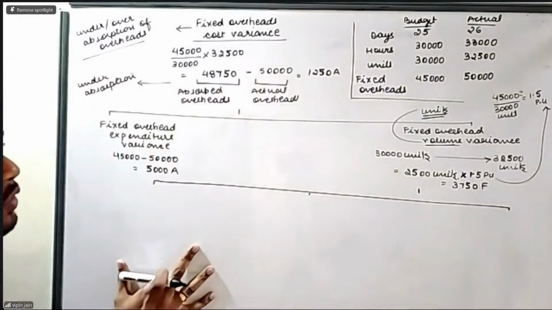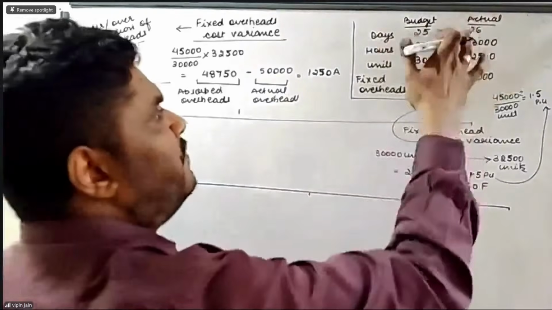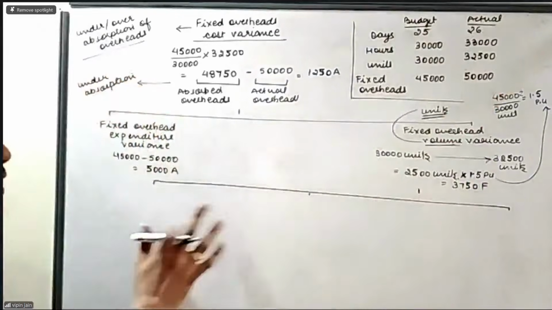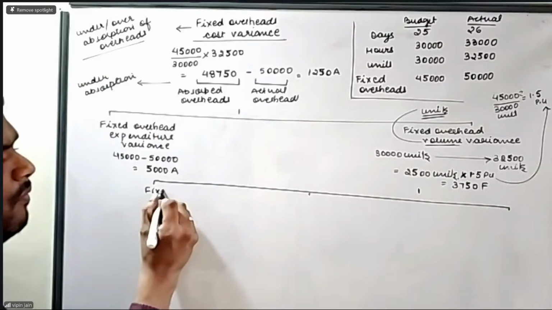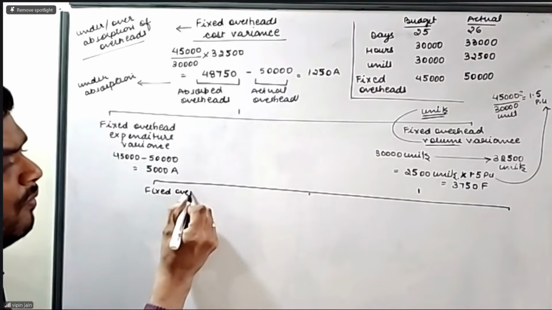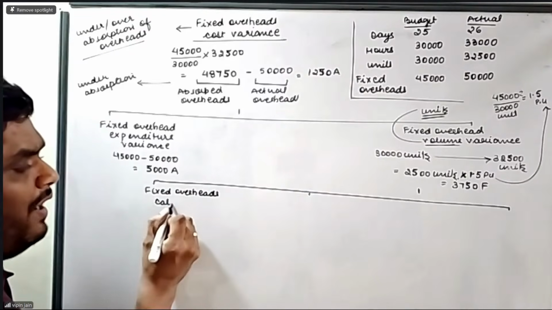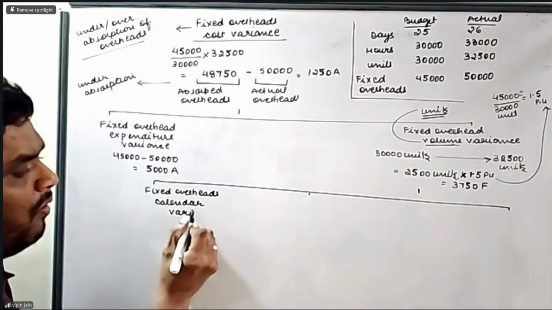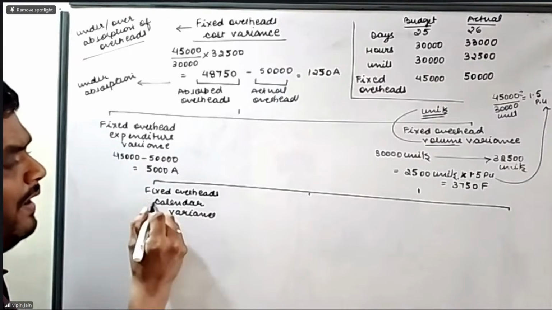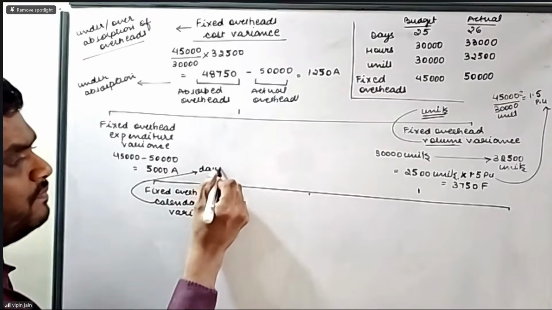Now see, as Lohit said, sir, we manufactured extra units, we worked for extra days also. So let's talk about days. We call it calendar variance. Calendar means days.